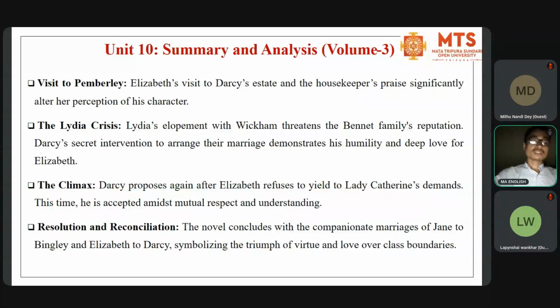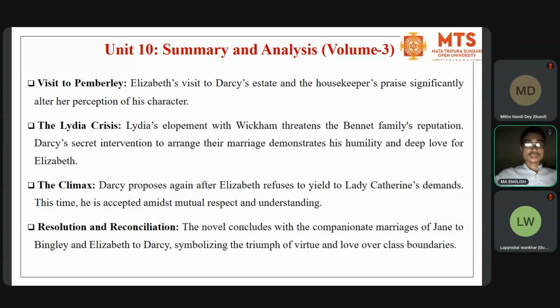Now, Mr. Darcy comes out to save the reputation of the Bennet family by paying off all the remaining debt of Wickham, returning all the loan money to the respective lenders. And while doing that, he did not let anyone know about it.